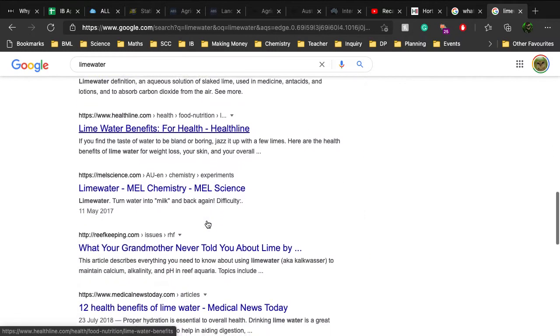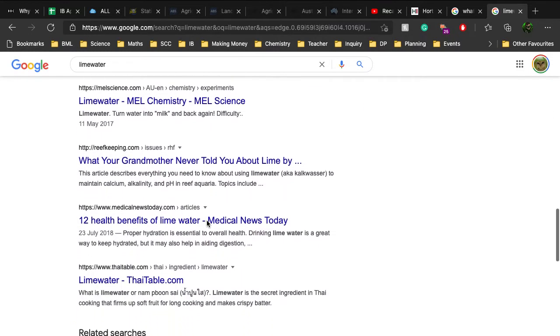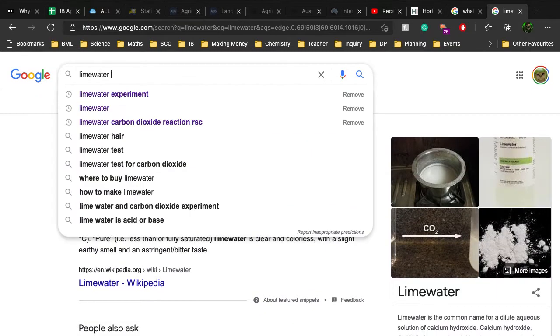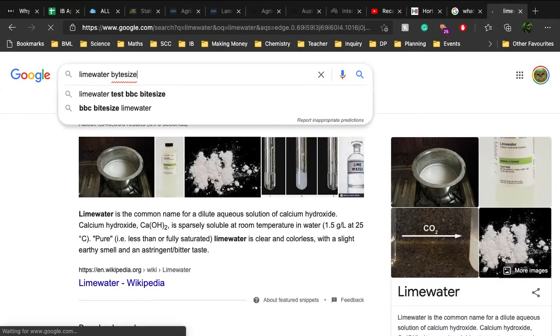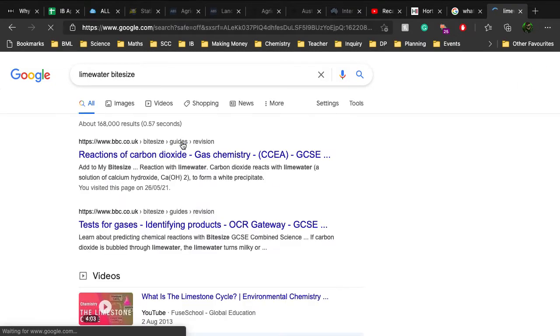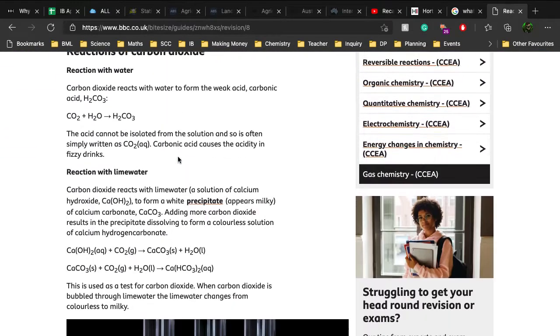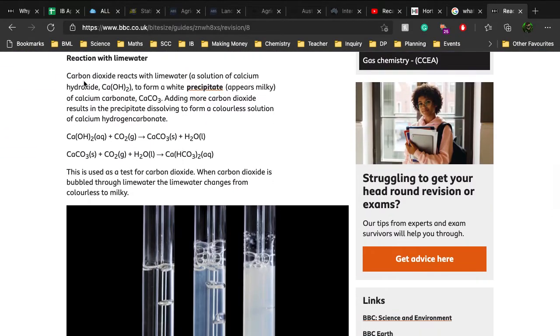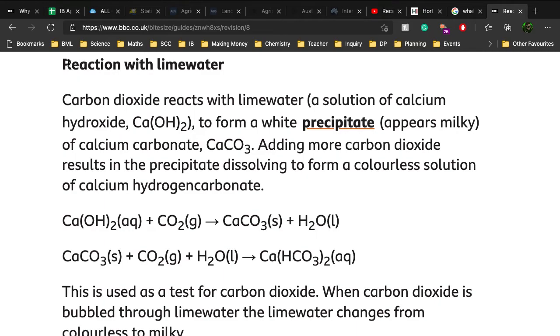Now, a good place to look at is Bitesize. It's a United Kingdom education website for high schoolers, and there's some really good information there about lime water, as you can see here.